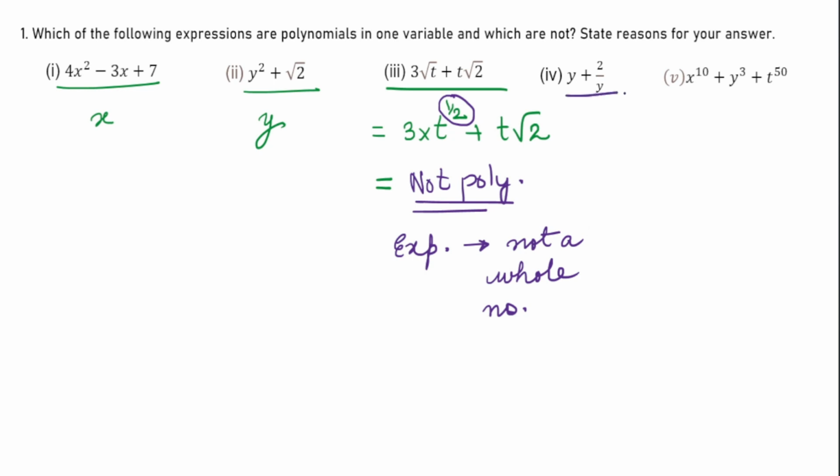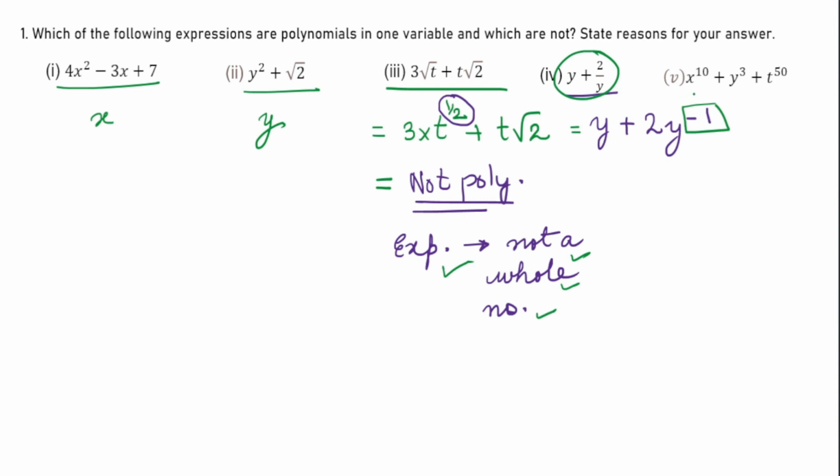Coming to question number 4, y plus 2, can I write this y as y raised to the power minus 1? Yes. Now observe carefully. Is this exponent a whole number? No, it is an integer, a negative integer. So again, this given expression is not a polynomial and the reason is the same, that the exponent is not a whole number.